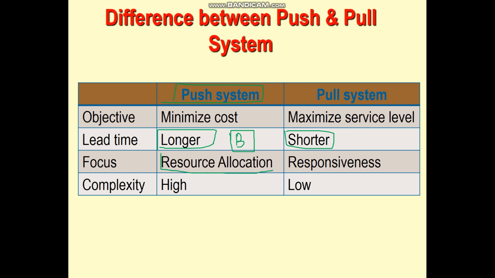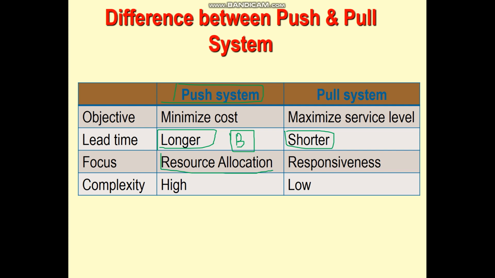Because of the limited resources, the company has to plan and produce the product in advance, and then they store the products in the warehouse. Then when the customer needs it, they just deliver it, so they can guarantee that they achieve the customer service level.